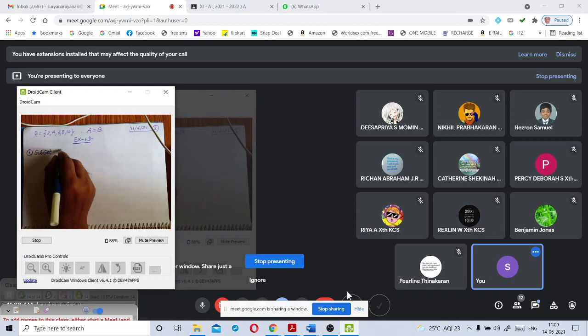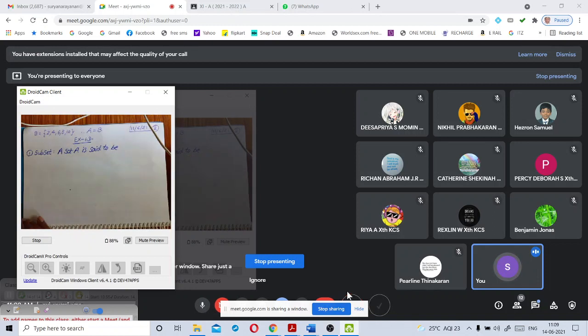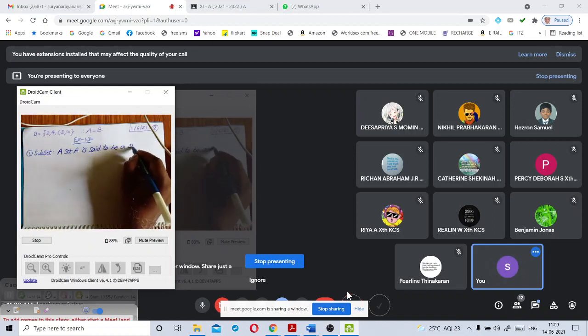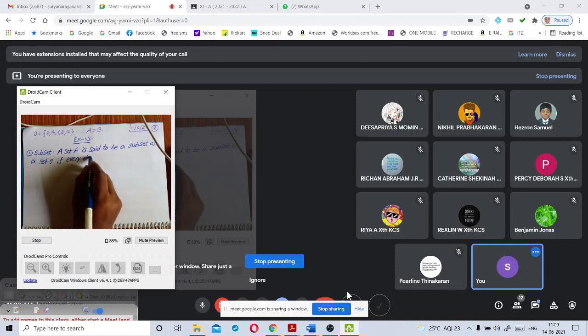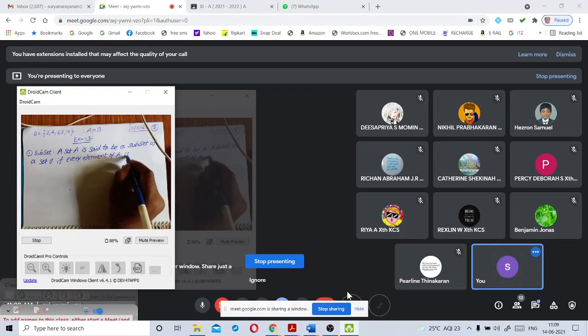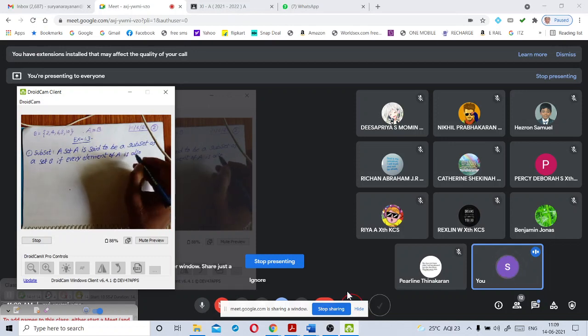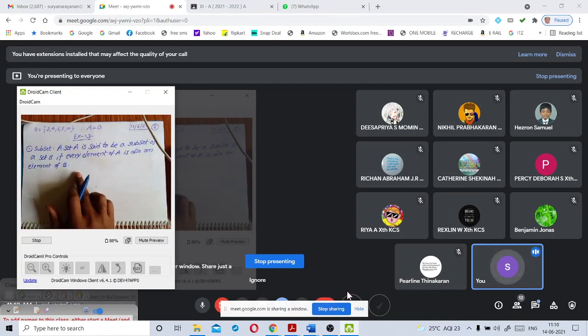A set A is said to be a subset of a set B if every element of A is also an element of B. This is the definition of subset of a set.